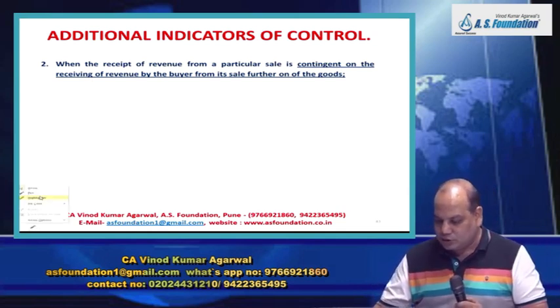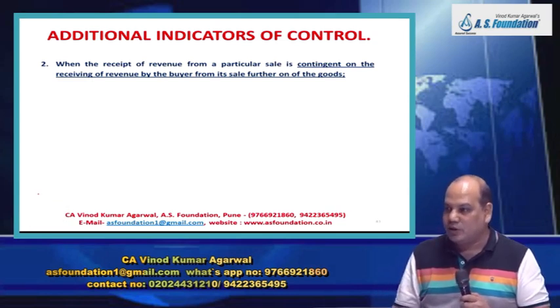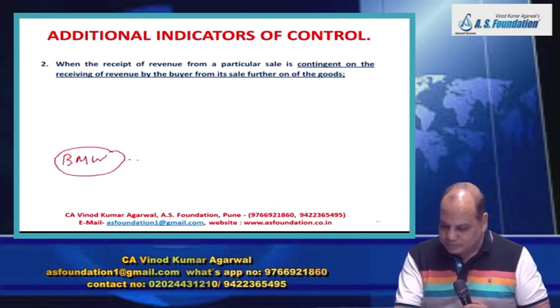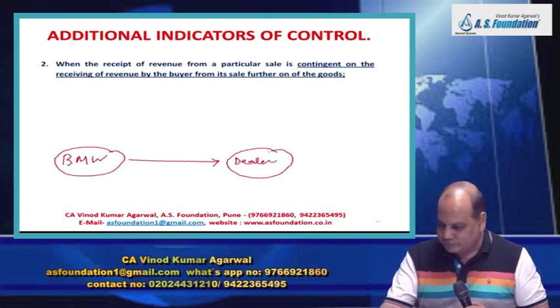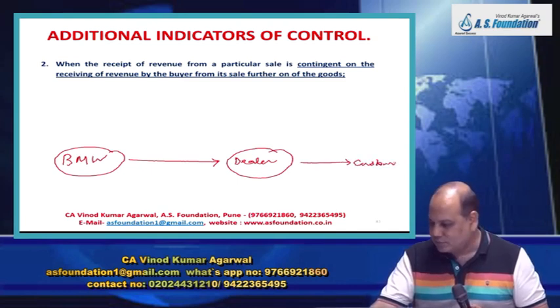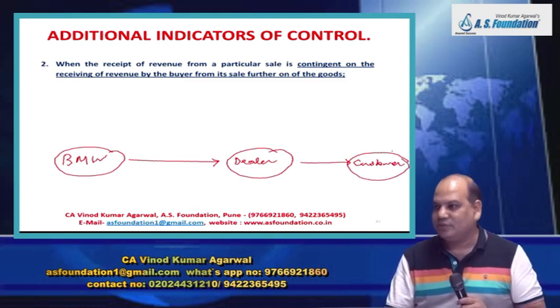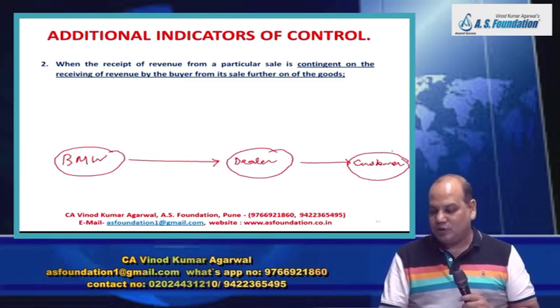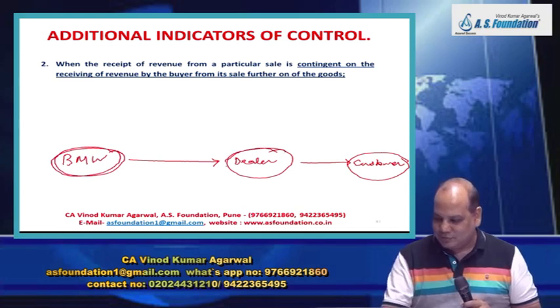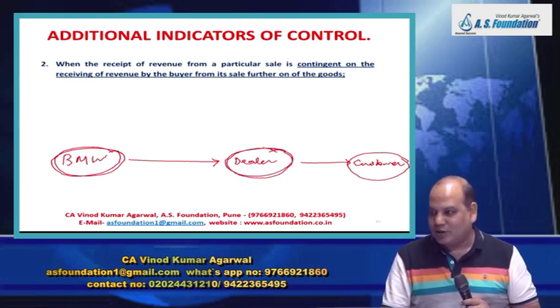This is also quite common in the automobile industry. So BMW car company will sell a car to a dealer. Dealer will sell it to a customer. Now these are very expensive cars. Will the dealer take the risk on itself?